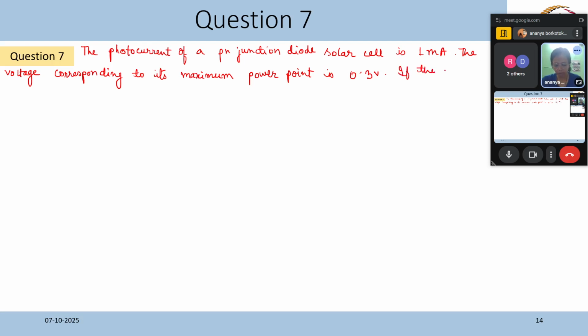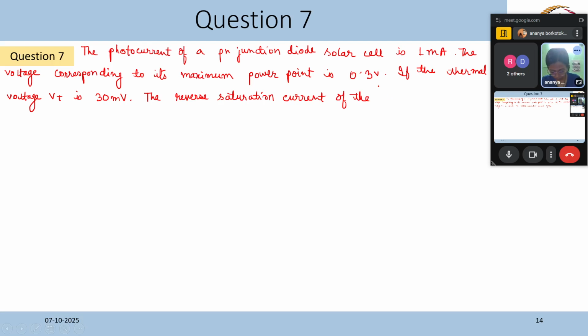If the thermal voltage Vt is 30 millivolt, the reverse saturation current of the diode was asked.